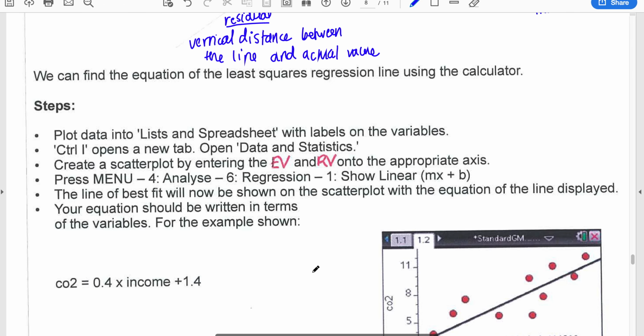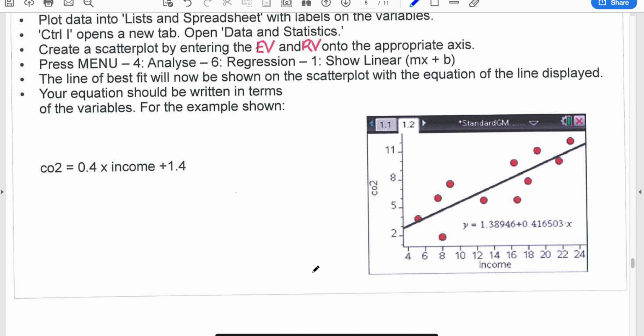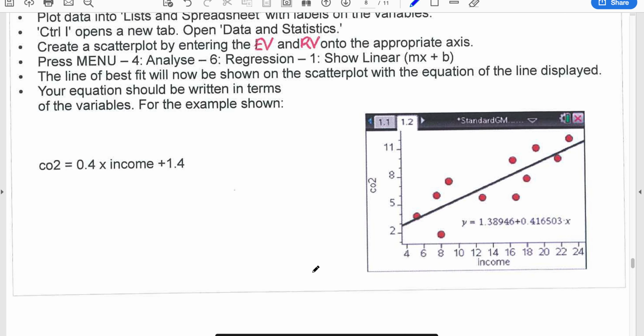Now, in your notes, you can see that that's happened as well with this one. This one that's been plotted for you in the example has got CO2, so probably carbon dioxide emissions. And instead of writing y equals mx plus b or mx plus c, you can see here that instead of y, we write what's on the y-axis, and instead of x, we write what's on the x-axis, which in this case was income.